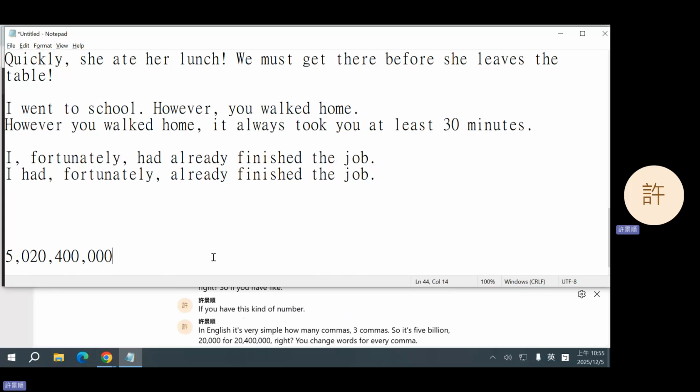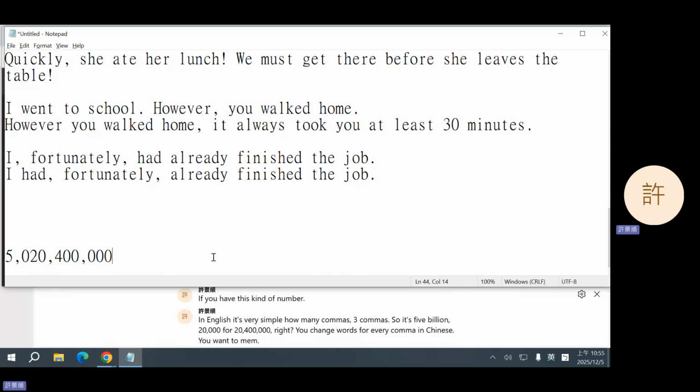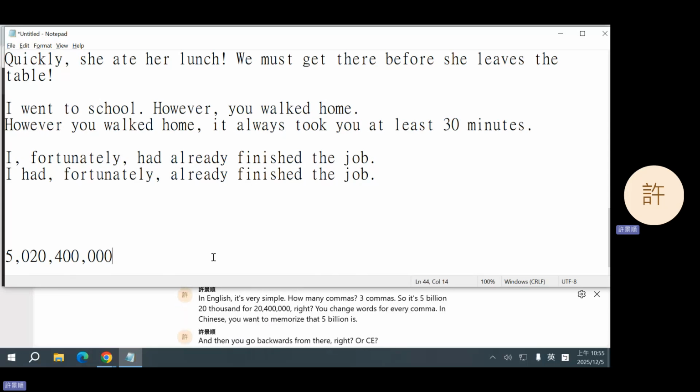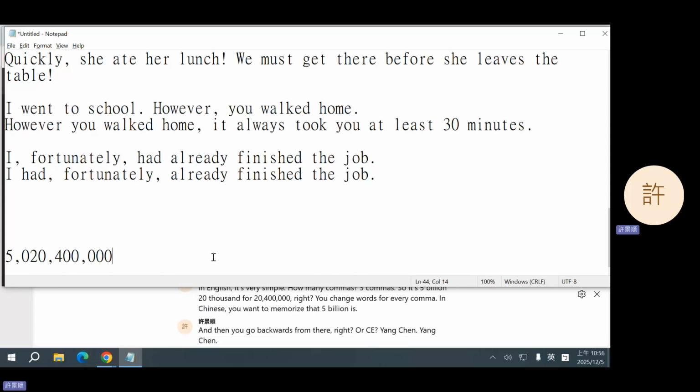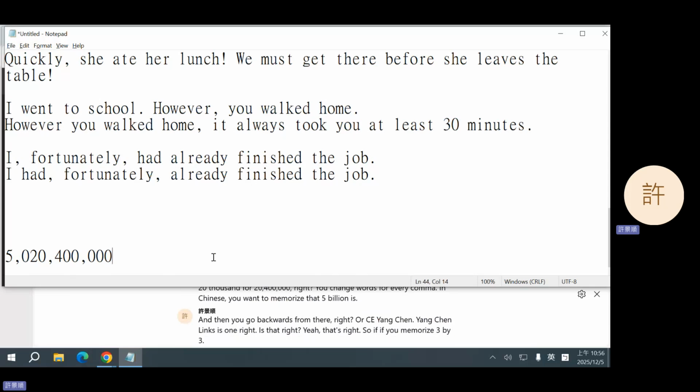In Chinese, you want to memorize that 5 billion is 50亿, and then you go backwards from there, right? 50亿, 2040万, right? Is that right? Yeah, that's right. So if you memorize 3 by 3, it's faster to transition.